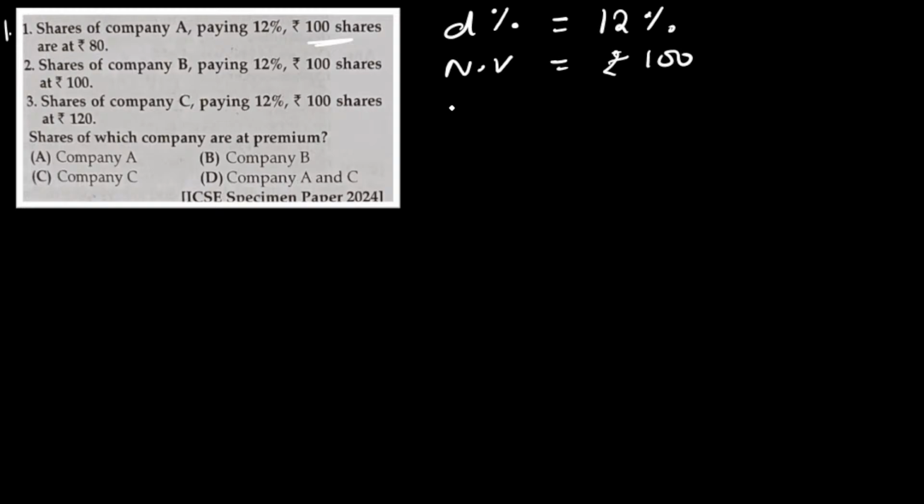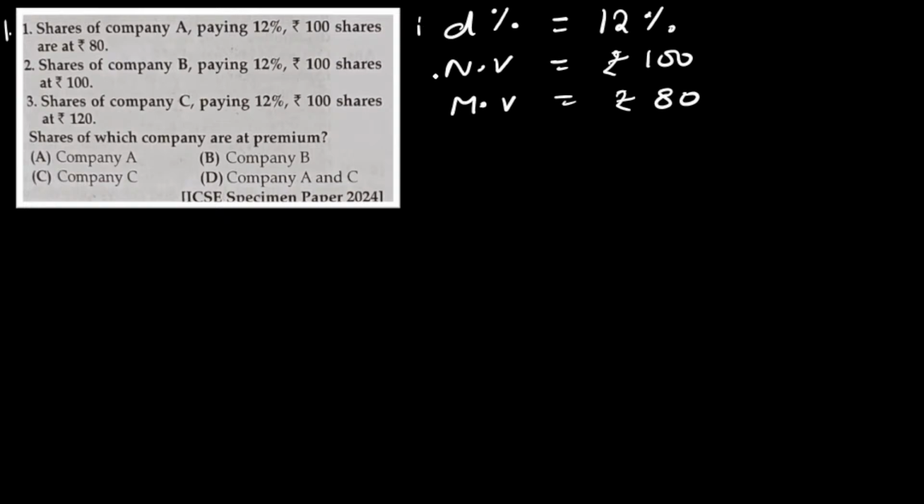Then at rupees 80 means the market value. These shares are sold at rupees 80. That means the market value of the shares is rupees 80. So in the first case, dividend percent is 12%, nominal value is 100 rupees, market value is rupees 80.